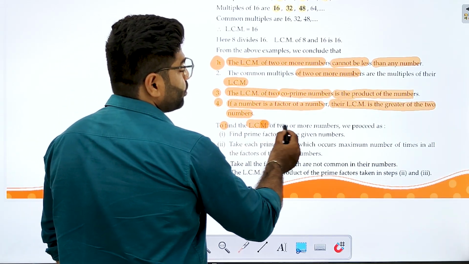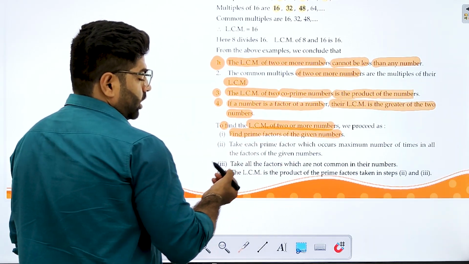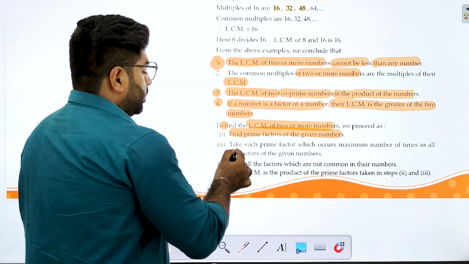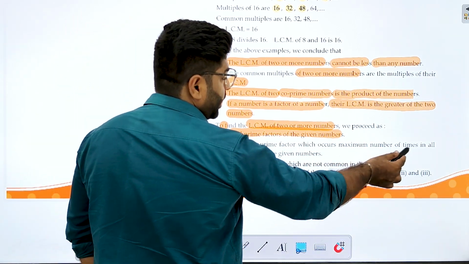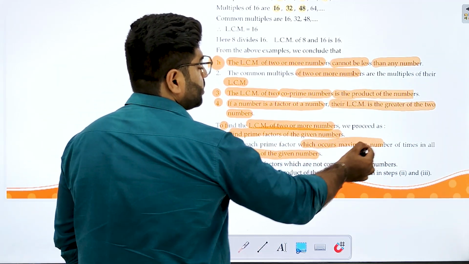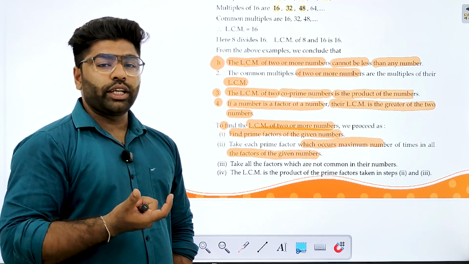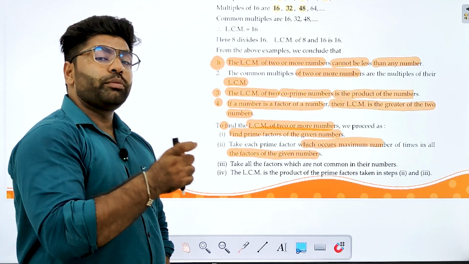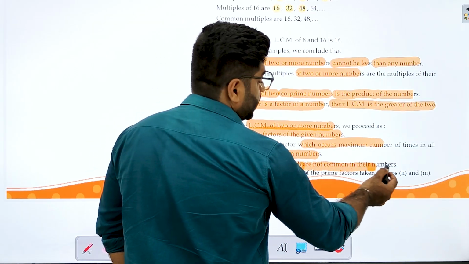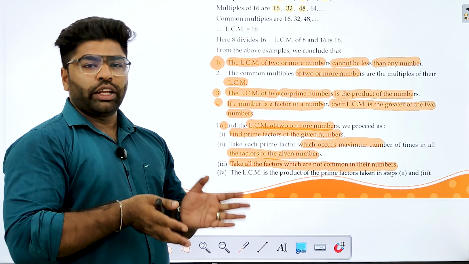Next, to find the LCM of two or more numbers, we proceed as follows. First find the prime factors of the given numbers. Take each prime factor which occurs the maximum number of times in the factorizations of the given numbers. Then take all the factors which are not common, the remaining factors.